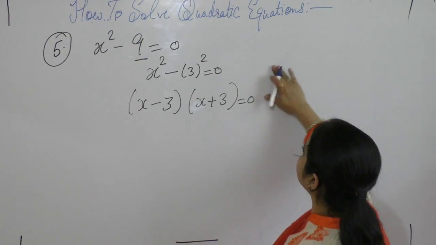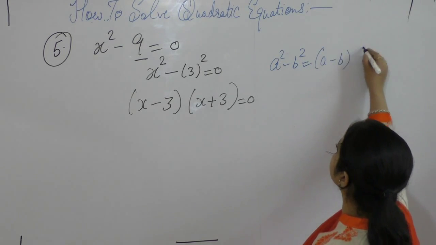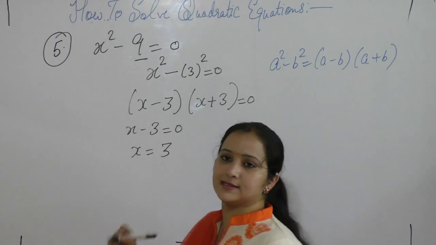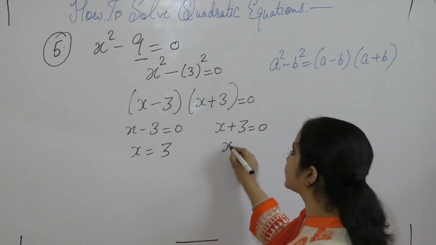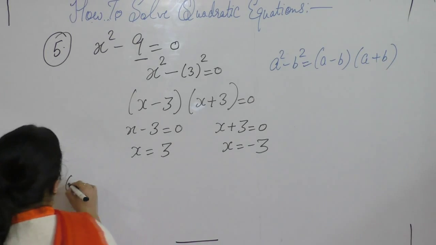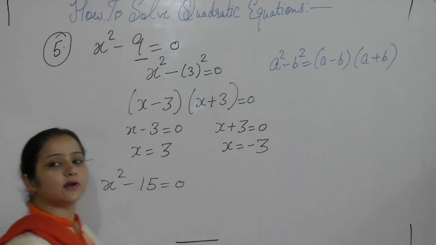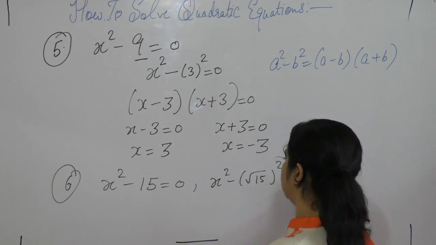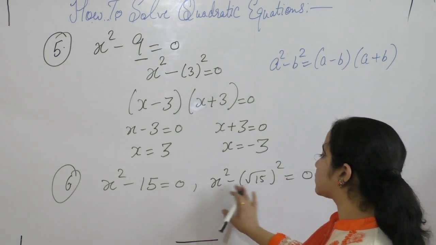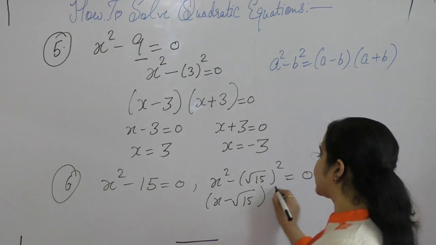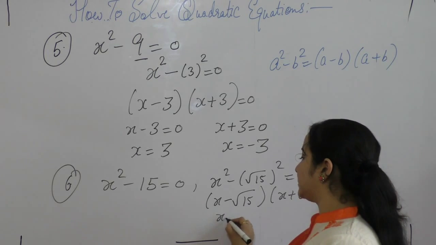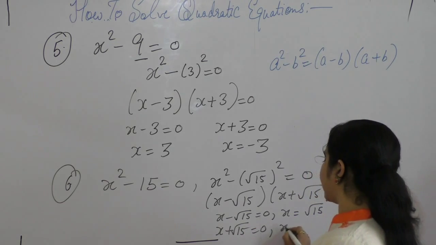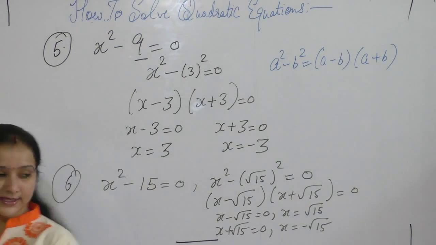So a² - b²... minus of root 15. So these are the values of x.